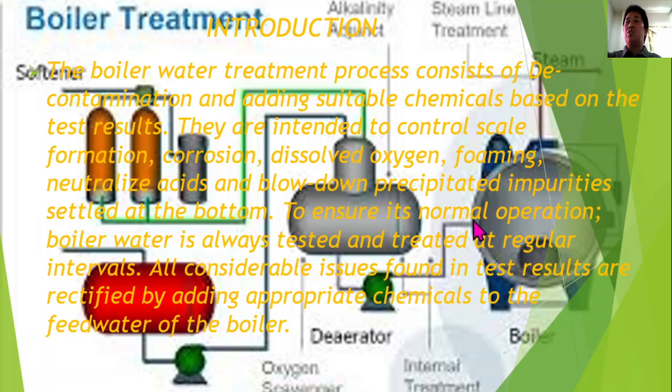To ensure its normal operation, boiler water is always tested and treated at regular intervals. All considerable issues found in test results are rectified by adding appropriate chemicals to the feed water of the boiler.